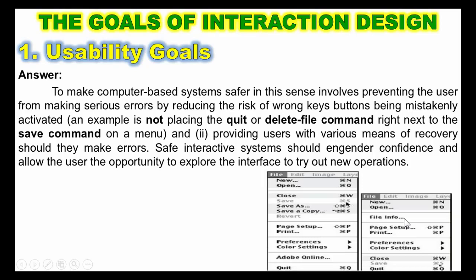An example is not placing the quit or delete file command right next to the save command on a menu, and providing users with various means of recovery should they make errors. A safe interactive system should engender confidence and allow the user the opportunity to explore the interface to try out new operations.